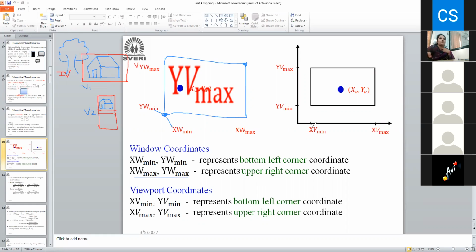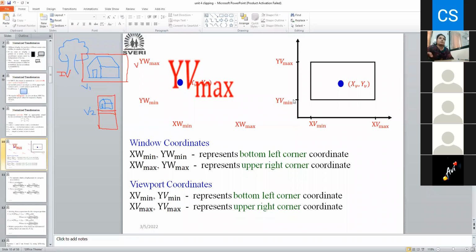The same is there for the viewport. The viewport has x min, x max, y min, y max, which represent the bottom left corner and upper right corner. Now, in order to represent any coordinate xv, yv, what is the relation between the world coordinate system and the window coordinate system? That is explained in the further equation.